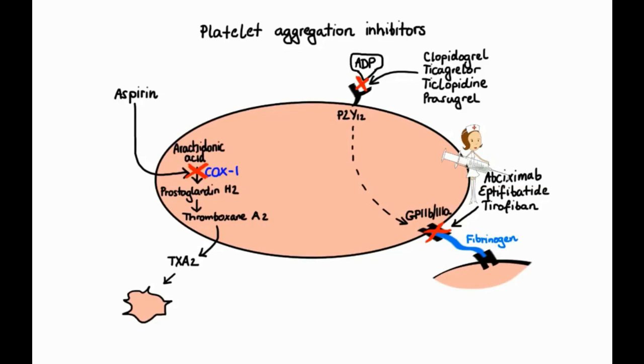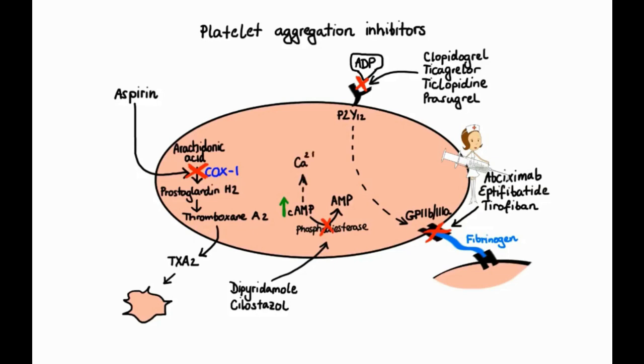Now, the last group of these antiplatelet drugs which we are going to discuss are the phosphodiesterase inhibitors, mainly dipyridamole and cilostazol. These inhibit the enzyme phosphodiesterase, which is responsible for breaking cyclic AMP down to simple AMP.